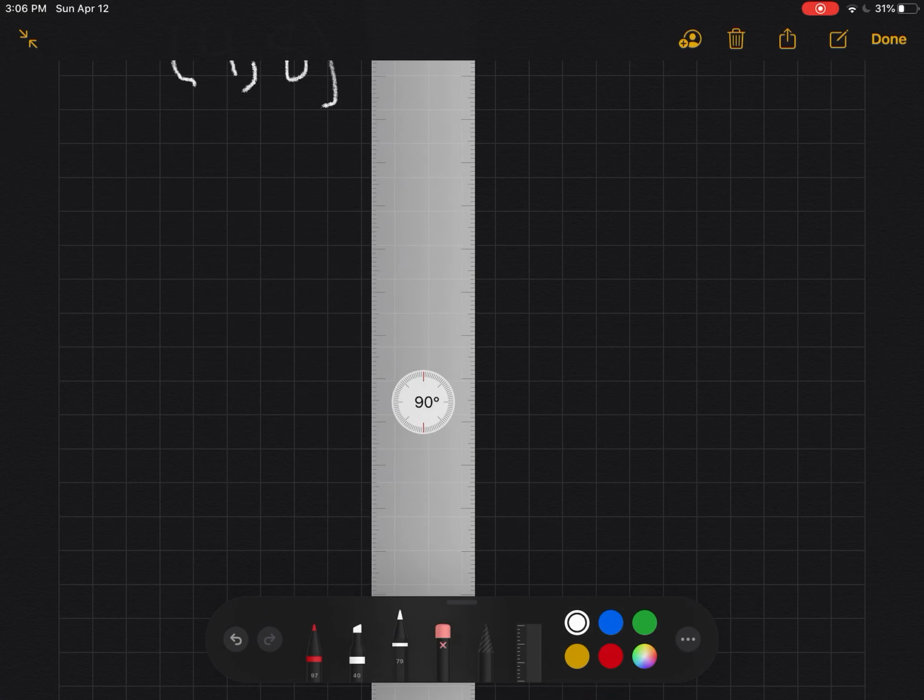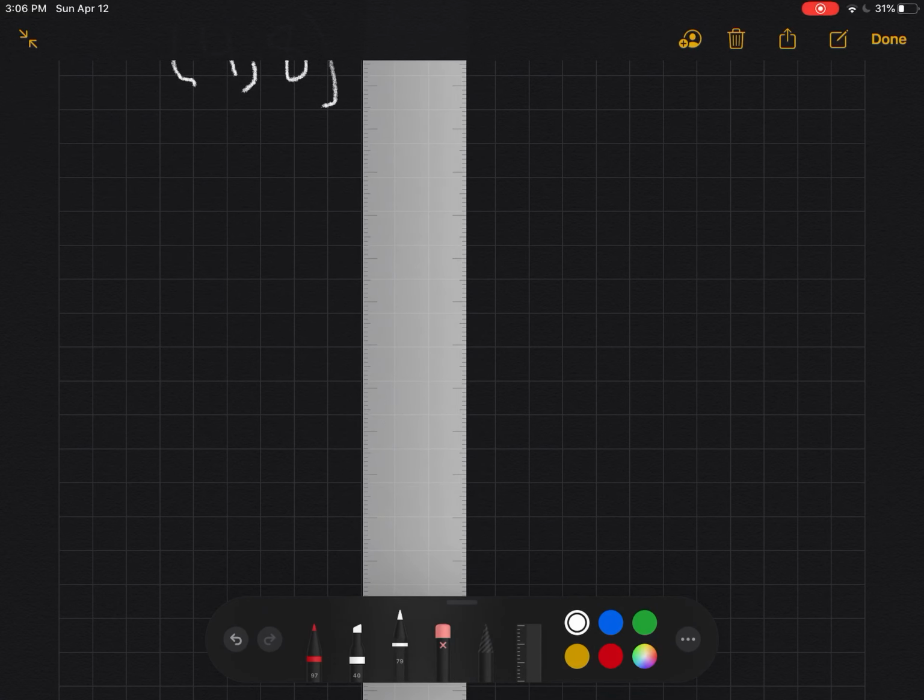So let's go ahead and graph that. We can use our point and our slope to graph that exact line.